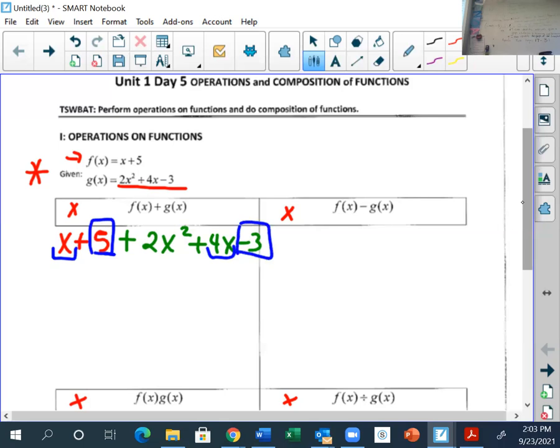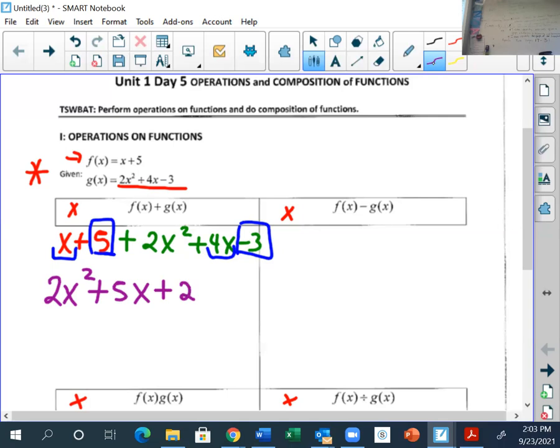Everything else cannot be combined. The 2x squared doesn't have anything to combine with. So I have 2x squared, x plus 4x gives you 5x, and then 5 minus 3 gives you positive 2. So this is f of x plus g of x.